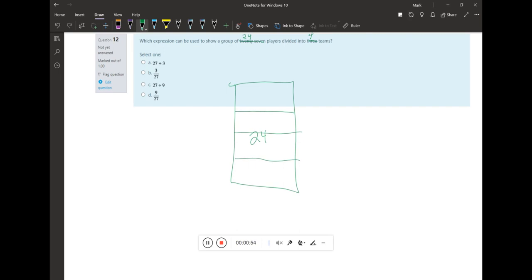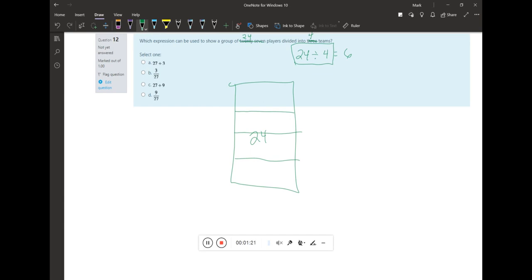The way that we can show that to come up with an expression that could be used to calculate it, well, the answer that we would have come to would have been 6, right? 24 divided by 4 equals 6, right? This is the expression. 24 divided by 4, or divided into 4 teams, is what's going to be representing that situation, okay?